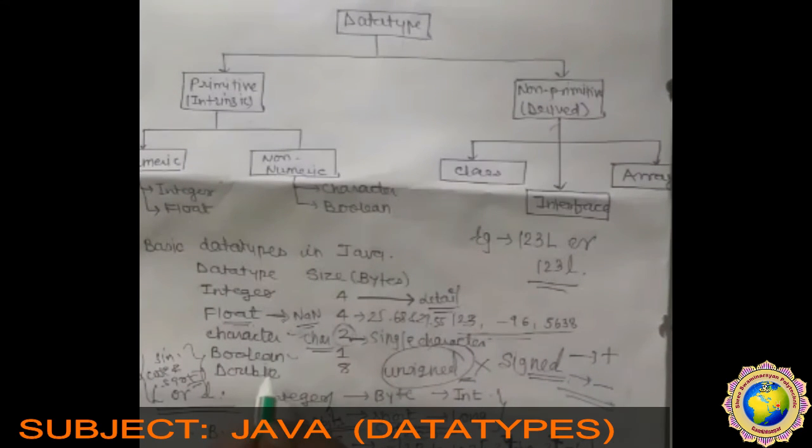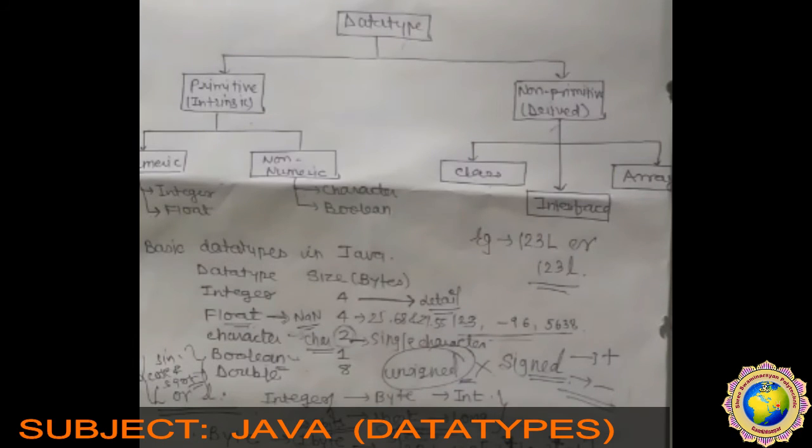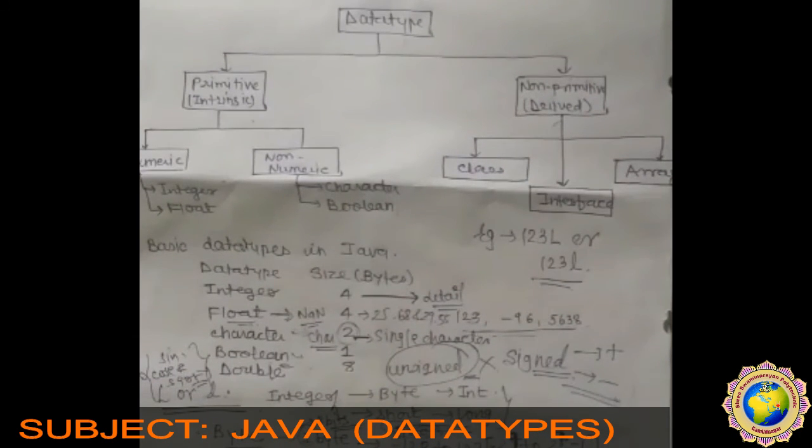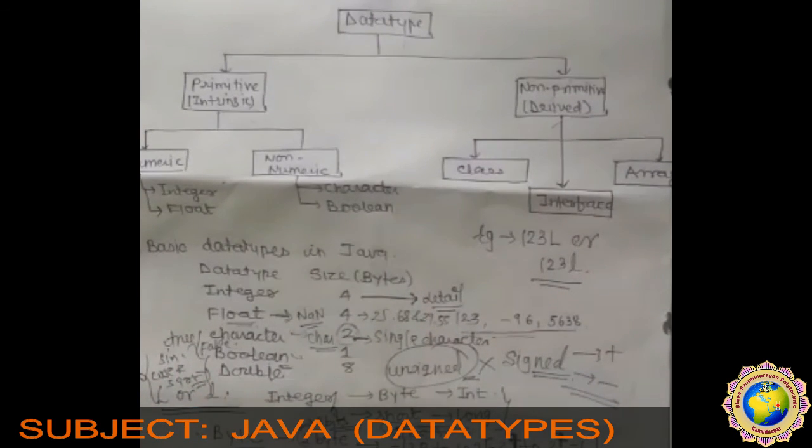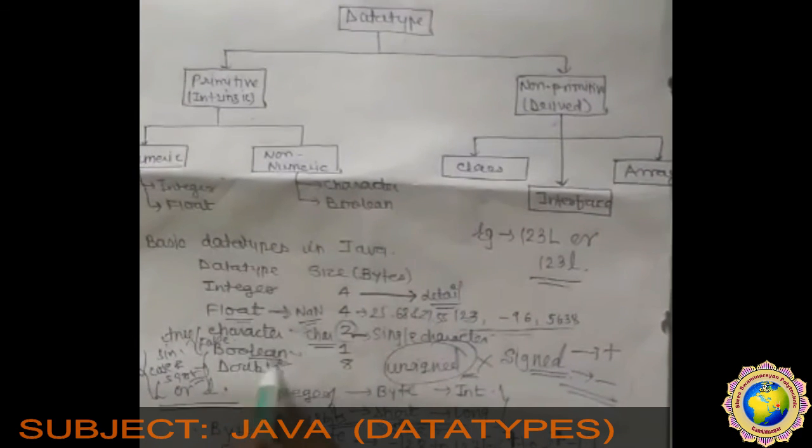Now next, boolean data type. Boolean type is used when we want to test a particular condition during the execution of a program, like true or false, yes or no, male or female, pass or fail. This type of condition we can consider in a boolean type.